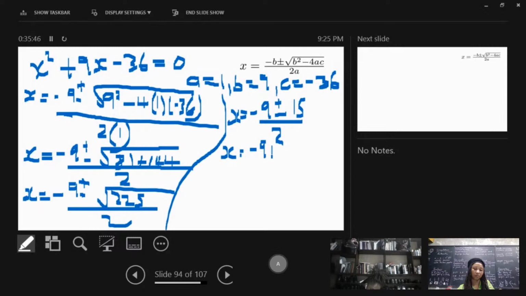X is equal to 6 over 2. X is equal to 3.